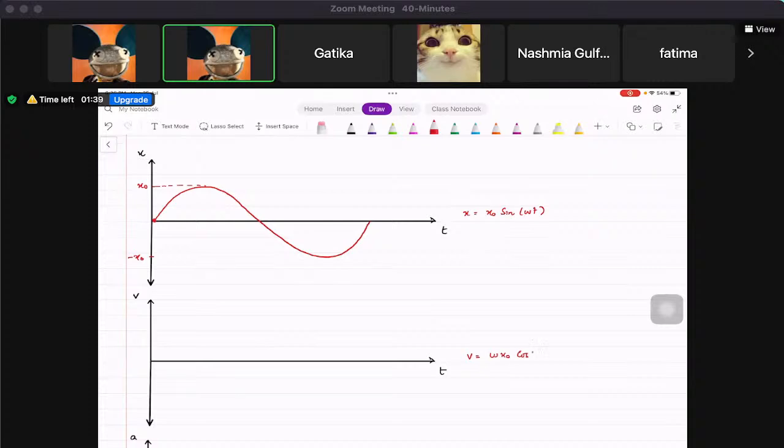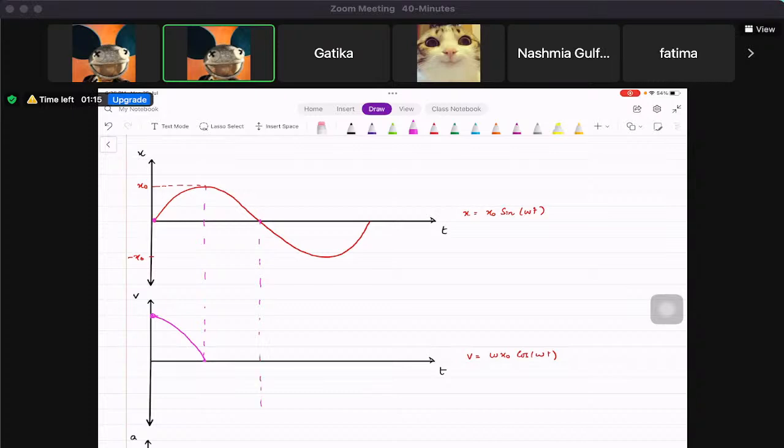So this will be a cos graph, which means that this is going to be something like this. When displacement is 0, the velocity is going to be maximum. When displacement is maximum, the velocity is going to be 0. So it's going to go like this. And then when displacement is 0 again, the velocity is going to be maximum.